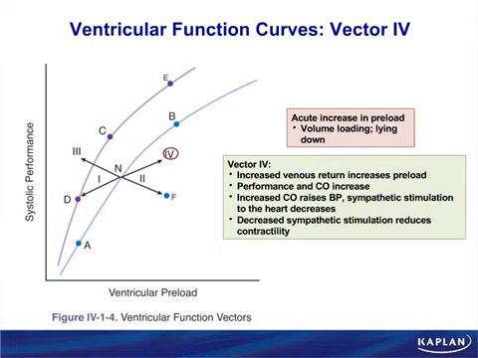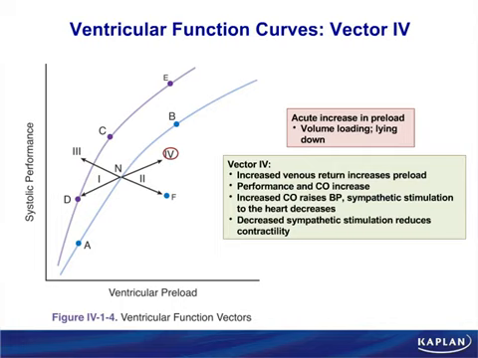All right, one of the ways that you may be assessed is illustrated on these graphs, but the reason that you have to take the approach I just suggested was look at vector 2 versus vector 4. Both of these show a decreased contractility, but they're markedly different causes for them. Remember, vector 2 was simply a decrease in contractility. The initial event was a decrease in contractility, ischemia of the heart.